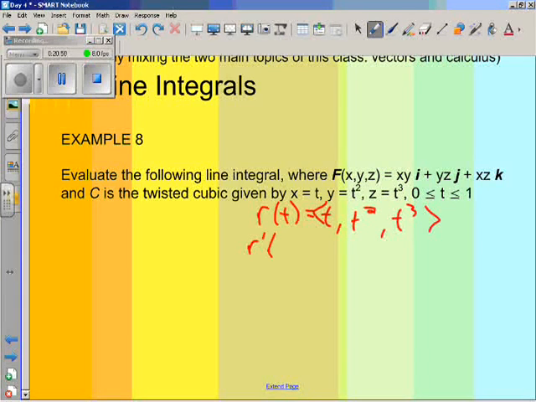And so r prime of t is going to be 1, 2t, 3t squared.